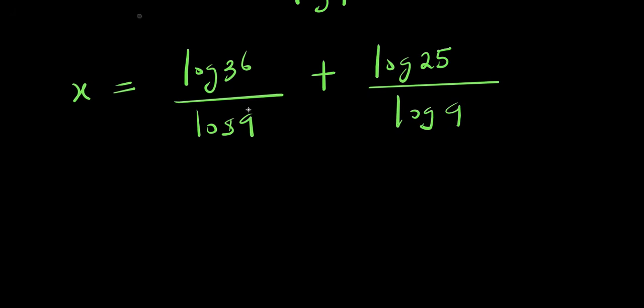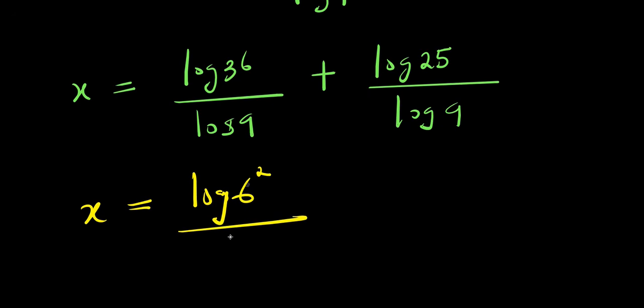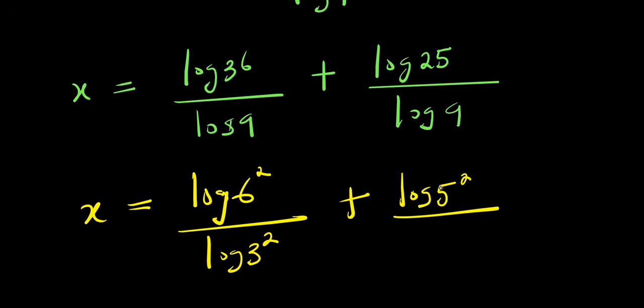Log 36 is simply log 6 to the power of 2, divided by log 9, which we can write as log 3 to the power of 2. Plus log 25 is simply log 5 to the power of 2, divided by log 9, which is just like log 3 to the power of 2.